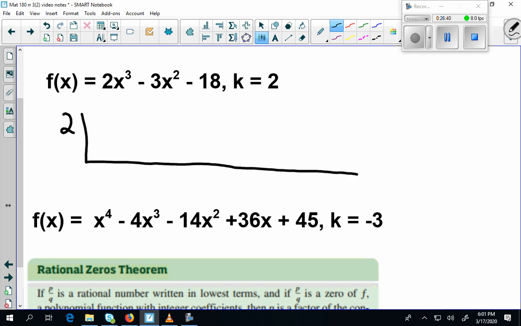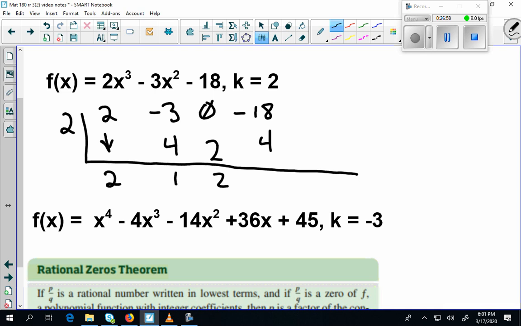I have no just plain x, so yeah, I do need a placeholder here. So 2, -3, 0, -18. Okay. No, it is not a 0.